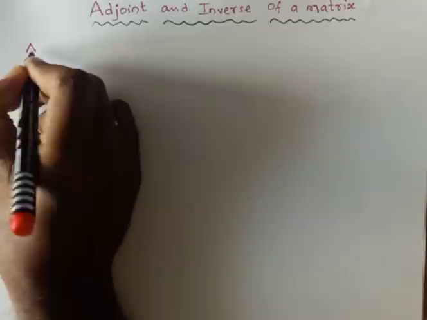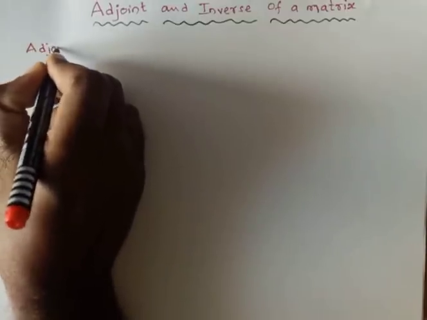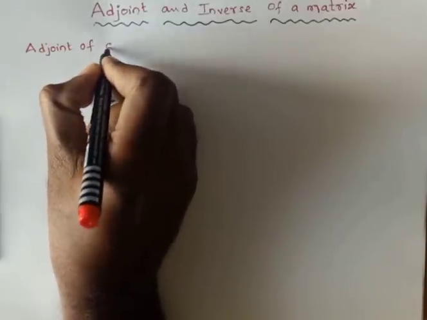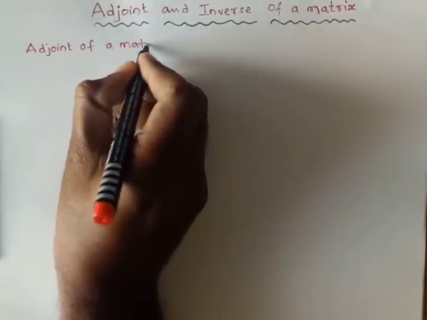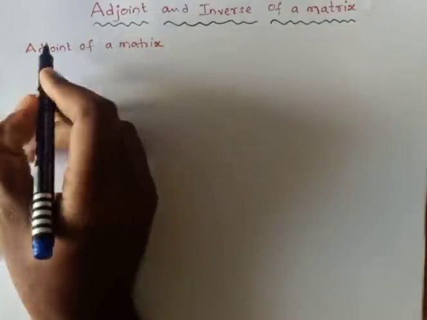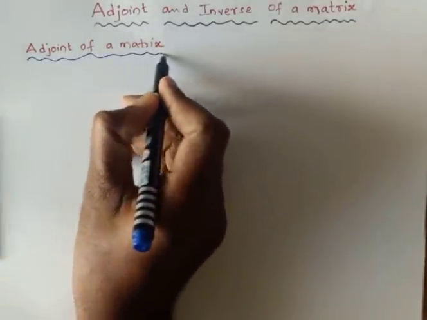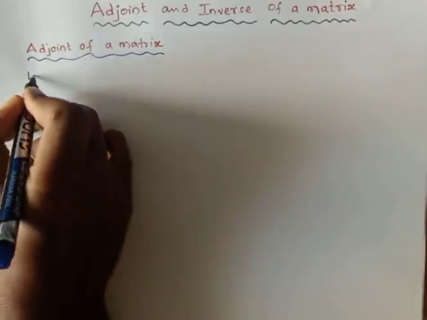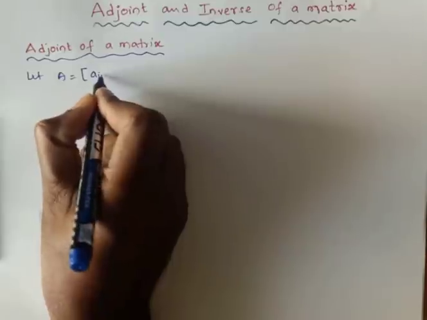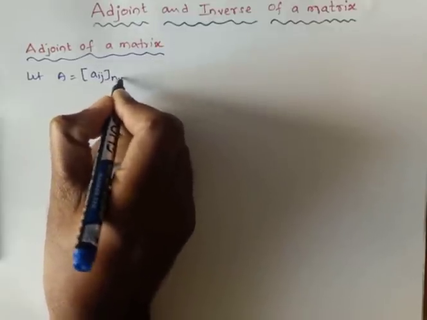First, the adjoint of a matrix. First, you need to define this term. Let us consider a square matrix A equals Aij of order n by n.